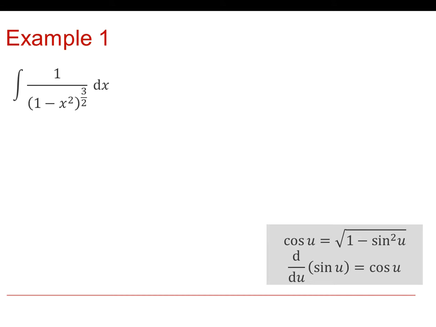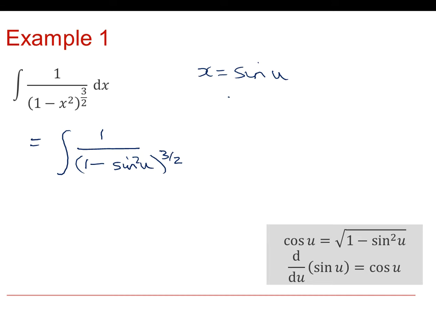In this example, we note that the denominator is a power of the square root of 1 minus x squared, so we will try the substitution x equals sine u. Putting that in, we get 1 minus sine squared u to the 3 over 2.